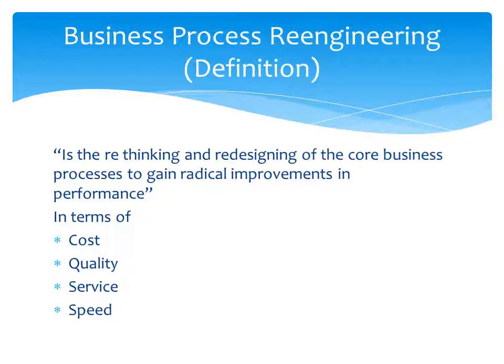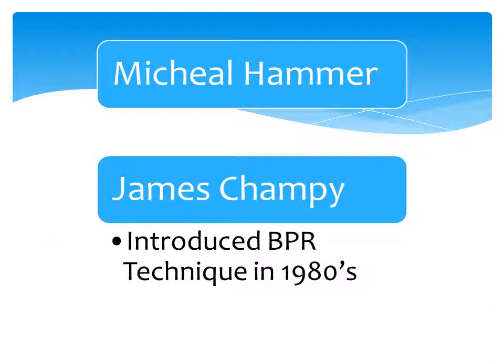That is also considered in the business process re-engineering process. Okay, moving on, we have two important names, that is Michael Hammer and James Stampy. These two people are the ones who introduced this technique of BPR in 1980s.